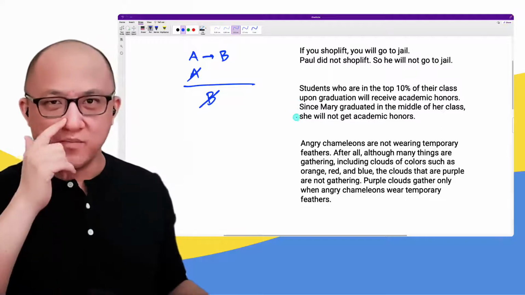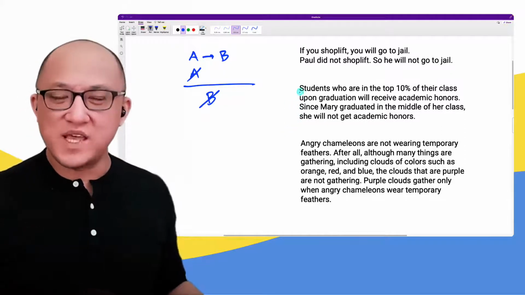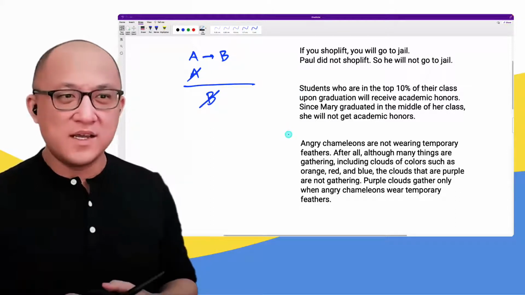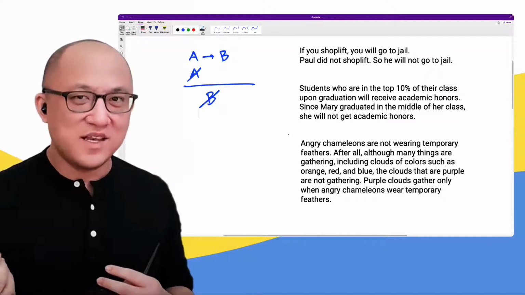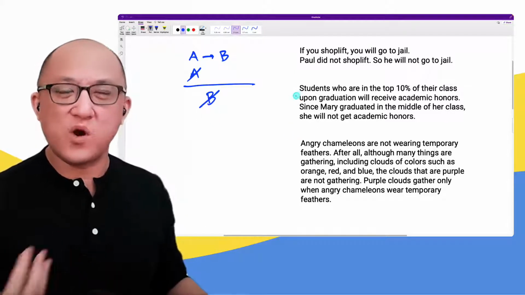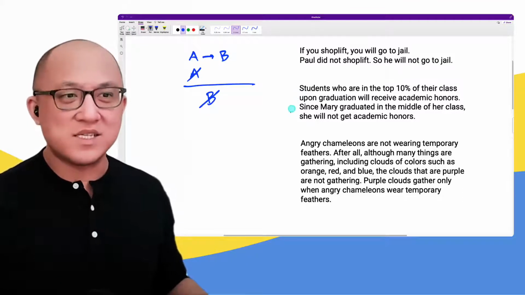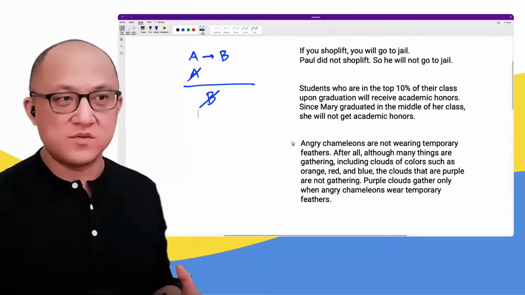But sometimes what happens with the LSAT is they will create an if-then rule, right? They'll create a rule that almost seems like in real life it's a biconditional, like it goes both ways. Like there's a part of you that wants to read this as saying only the top 10% will get academic honors, right?